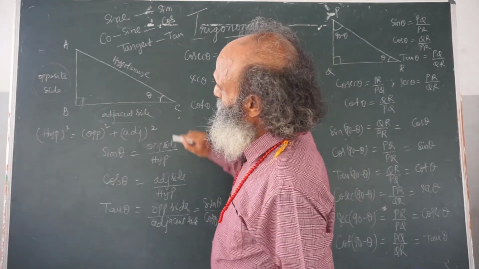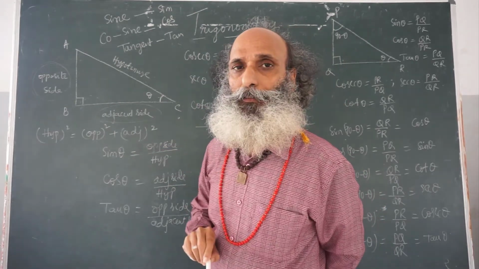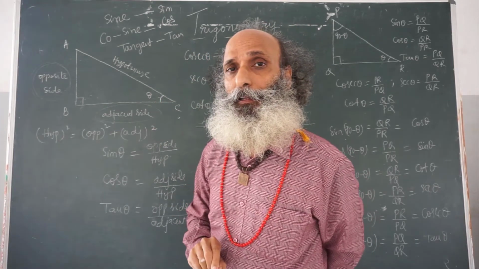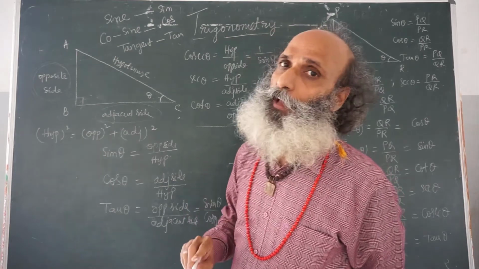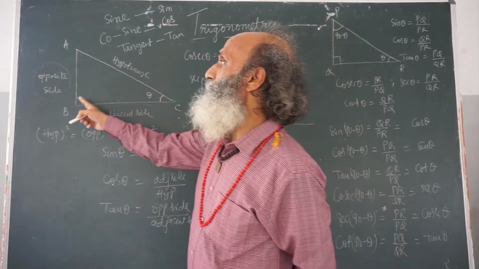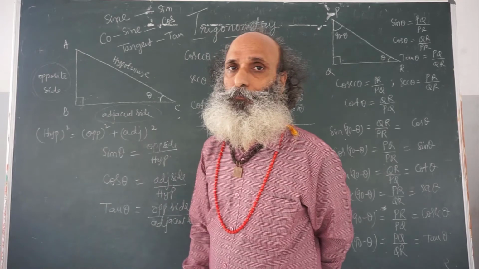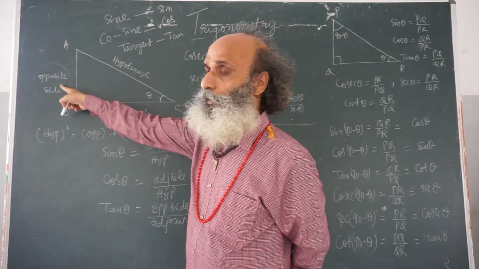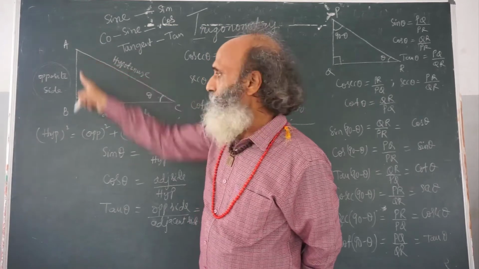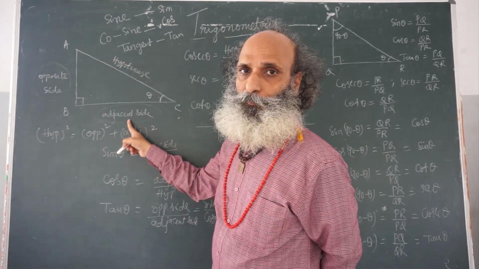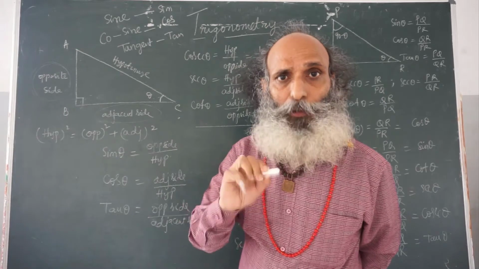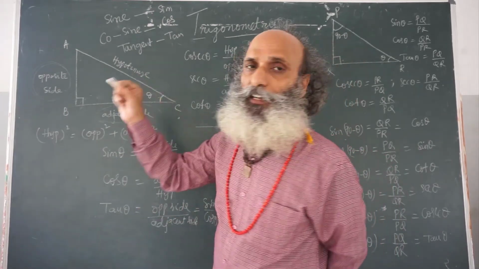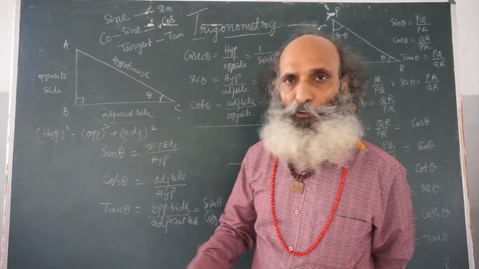That means, in this chapter, whenever we take a particular angle, first we have to identify what is the opposite side to that angle. Because we have taken angle C as theta, this is the opposite side. If we take angle A, this will be the opposite side. So, depending on which angle we are choosing, opposite side and adjacent side will be defined.